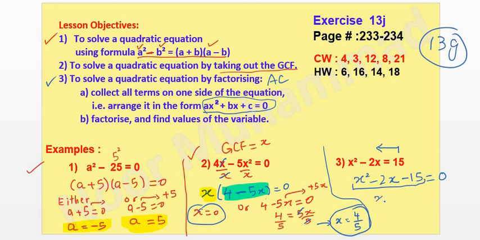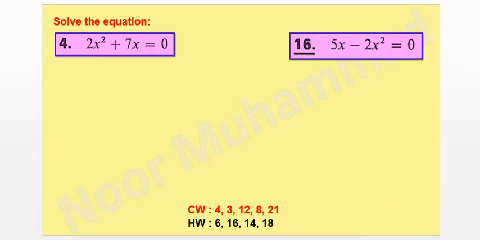So here, if you factorize it, you will get (x minus 5) into (x plus 3) equals 0. And similarly again you will say either this factor is 0 or this factor is 0, and you will get the values of x, that is x equals positive 5, and x equals negative 3. So these are our 3 main types of questions for today. So let's start and solve the questions from the exercise.